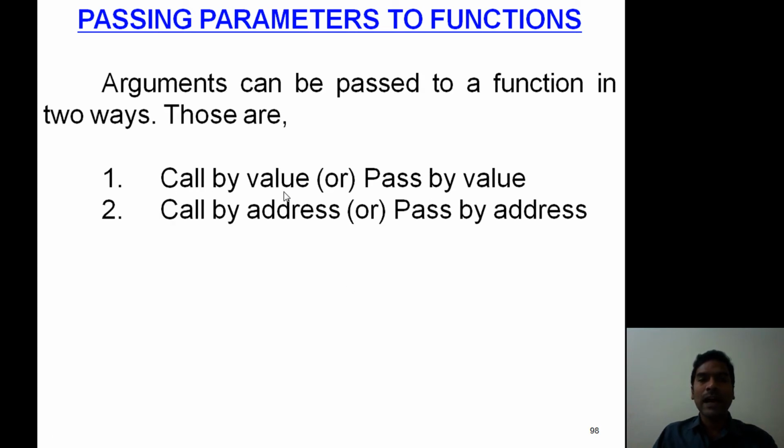One is call by value, which is also known as pass by value, and another format call by address, which is also known as pass by address. These two topics are very important, call by value, call by address, which are also known as pass by value, pass by address.